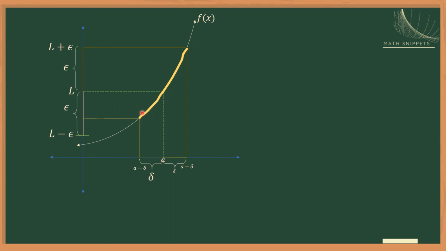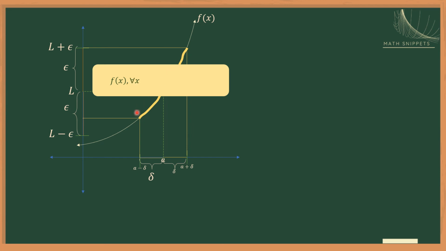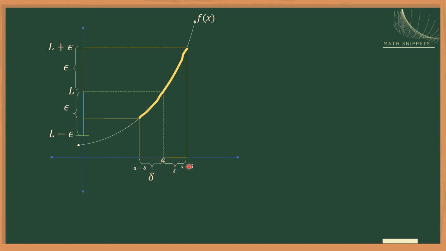These are the f of x such that the values of x were taken anywhere in the interval a minus delta to a plus delta. By the way, this orange band is the interval L minus epsilon to L plus epsilon.